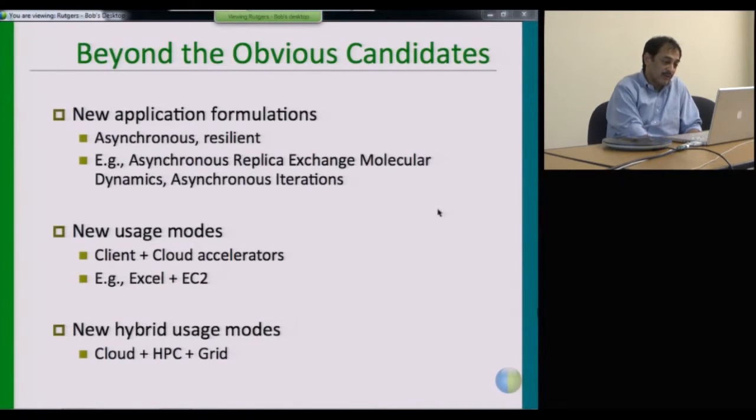And so if clouds are the target platform, coming up with interesting formulations that have these characteristics becomes important. And interestingly enough, these formulations can also tend to perform better on more traditional infrastructure itself, because they tend to reduce communication and these aspects that can be expensive. One can also think about new usage modes where you have a client and a backend that runs on a cloud accelerator.